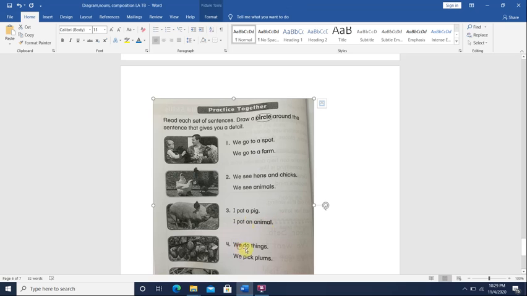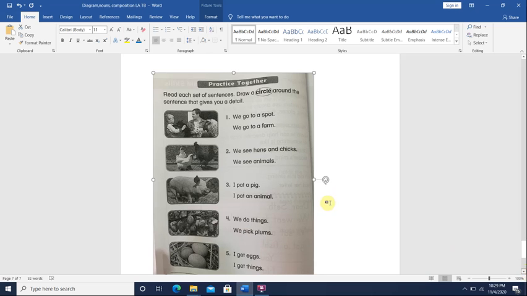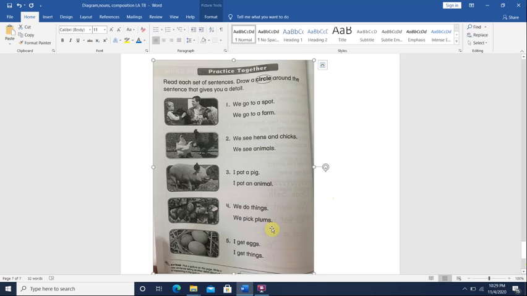Number 4, we do things. We pick plums. Okay? Number 4, the first sentence says that they did things, but what did they do exactly? We don't know. Second sentence says they pick plums, that they pick a certain fruit from a tree. So the second sentence in number 4 is a sentence that has details.